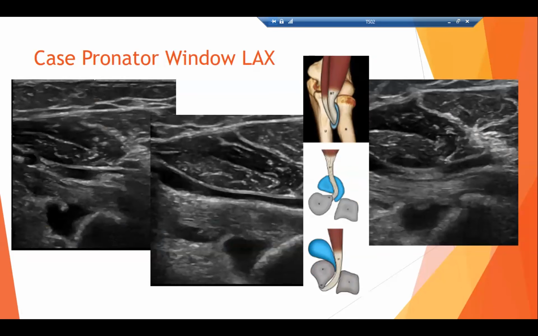When you're trying to decide what to do for these cases, one thing I think about is what their range of motion is, in particular with pronation and supination. If there's something getting stuck between the radius and the biceps tendon and causing a mass effect, you're not going to be able to get into that pronated position. A lot of folks who have more soft tissue changes really lose a lot of that.